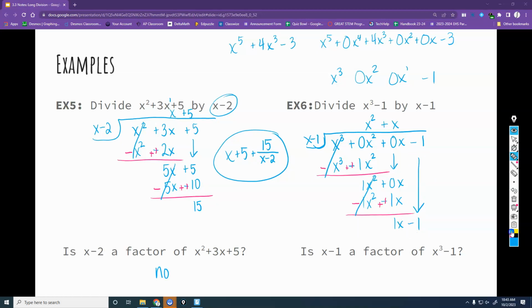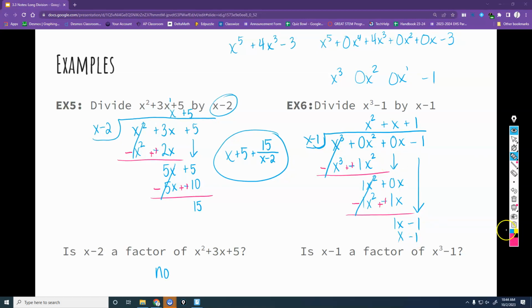Okay. And so last term, what times x would give us x? Not an x. X times x would be x squared. A 1. 1 times anything is just itself, right? So we're going to put a plus 1 right here. 1 times x is x. 1 times negative 1 is negative 1.